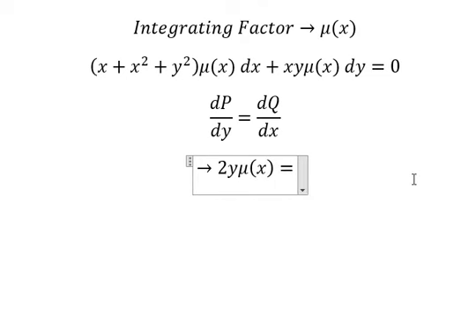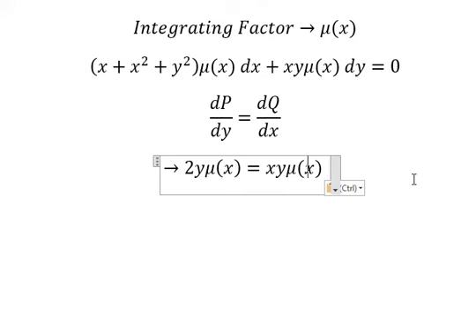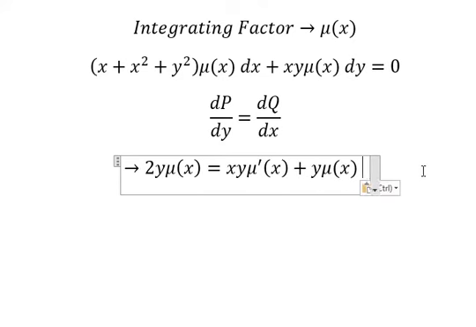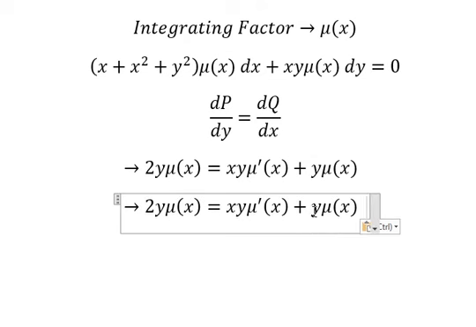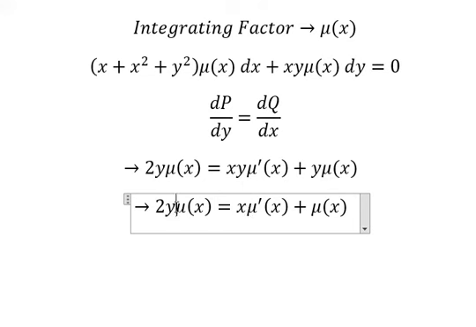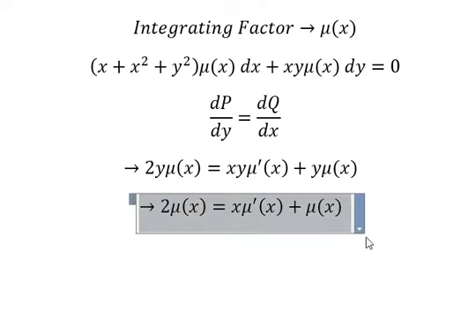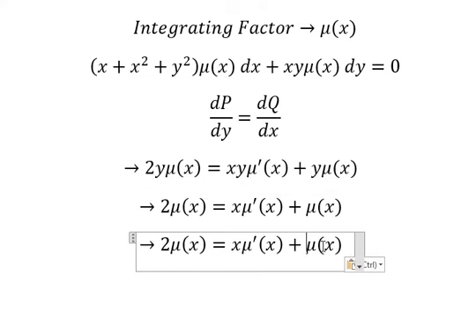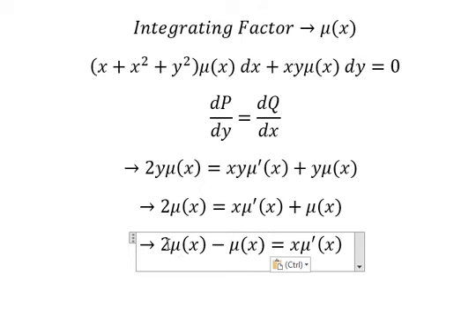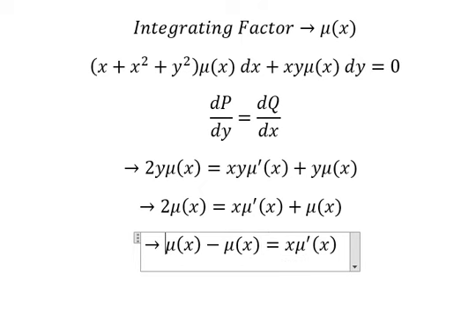And the second one, that should be like this. Now we simplify y for both sides. This one I will put on the left. So number 2 minus 1, we have positive number 1.